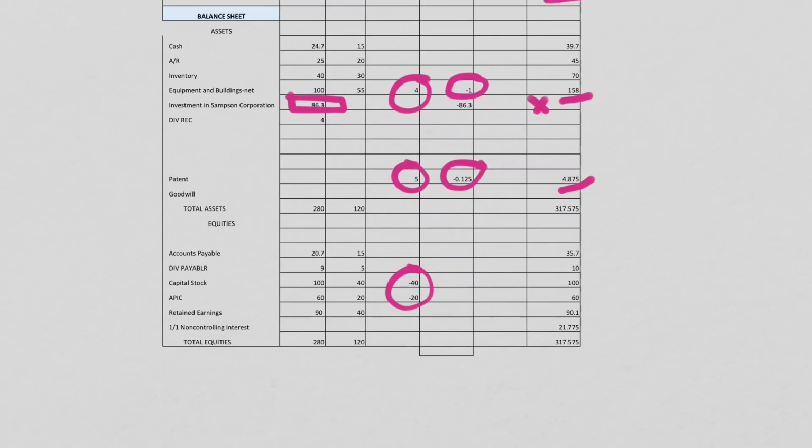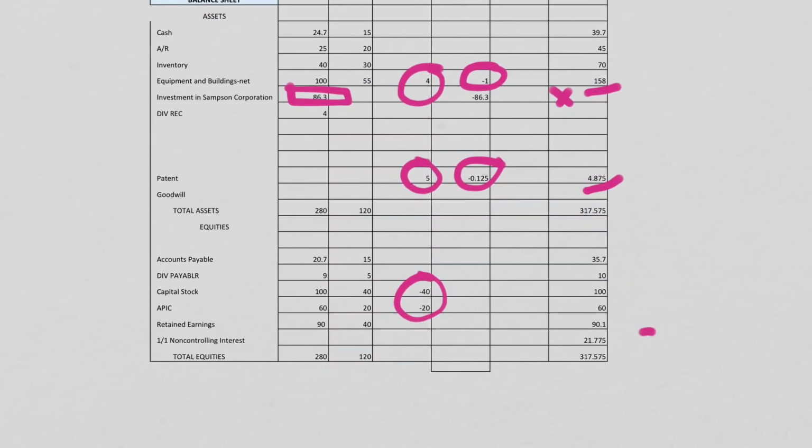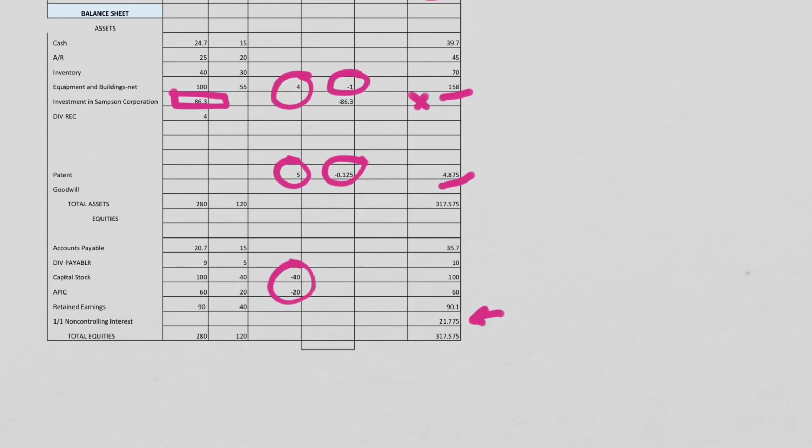How do you know what the ending non-controlling interest is down here? That's a good question. Since it's the first year, we can do it the following way. We started off where they bought for 100, which represented the implied value after paying 80. So the implied value of the non-controlling interest started out to be 20.